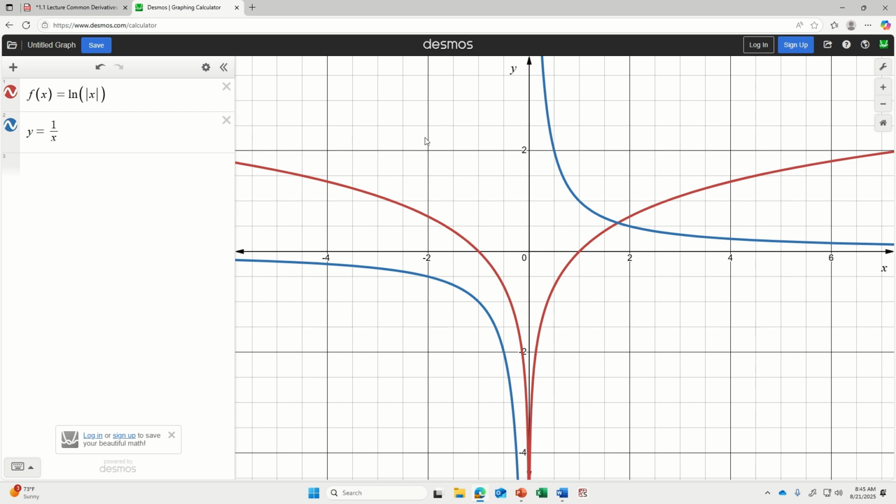But in general, hopefully you can see that the red curve is never flat, so the blue curve is never 0. Where it's increasing, the derivative is positive. Where it's decreasing, the derivative is negative.